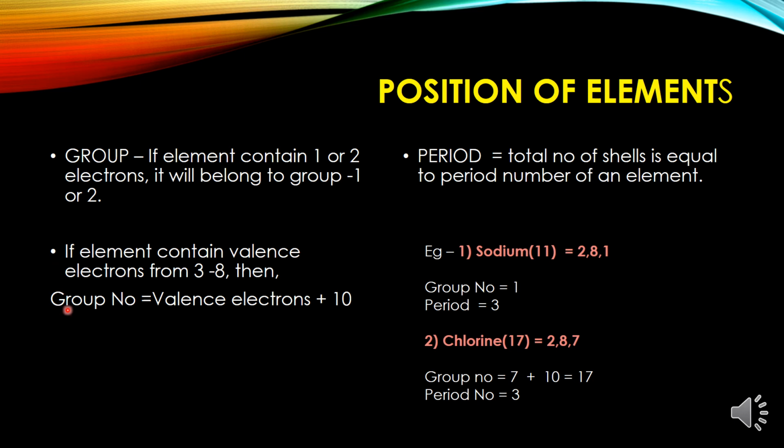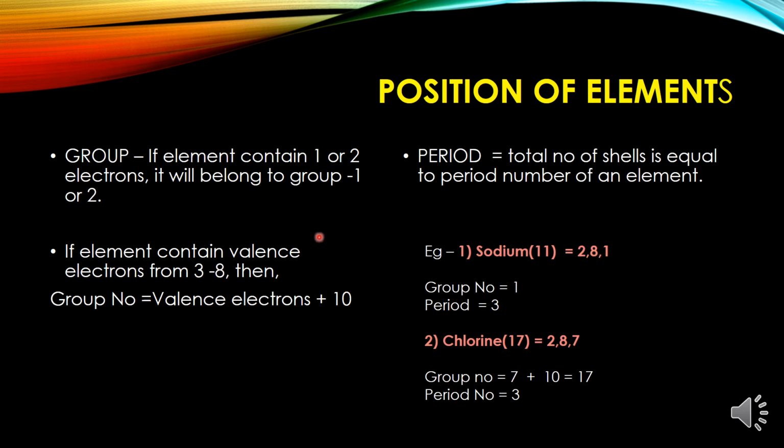For example, I have one electronic configuration 2, 8, 3. So there are 3 valence electrons. I will add 10 to these 3 and get 13. So this element belongs to group 13. And it contains 3 shells because the electronic configuration is 2, 8, 3, so it belongs to the third period.